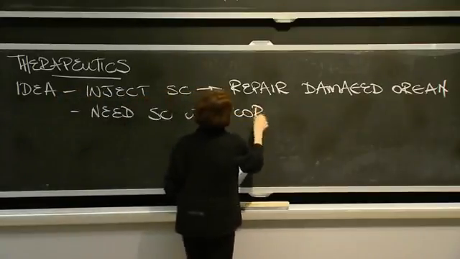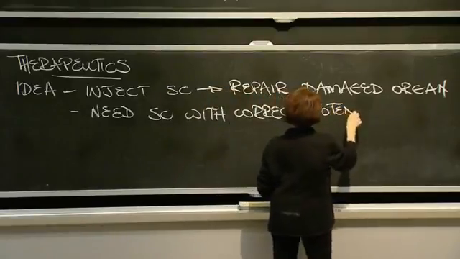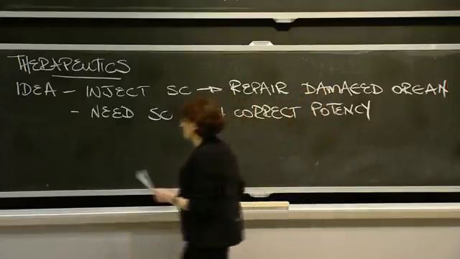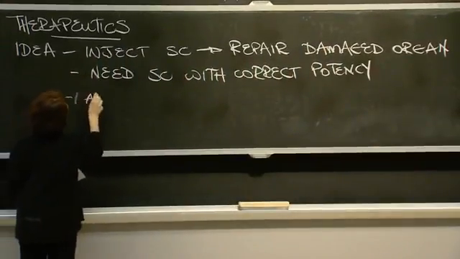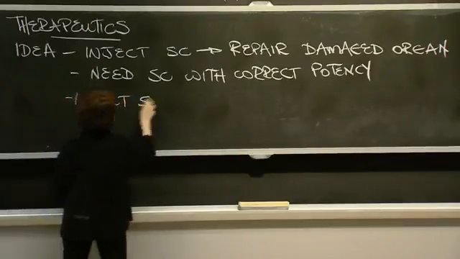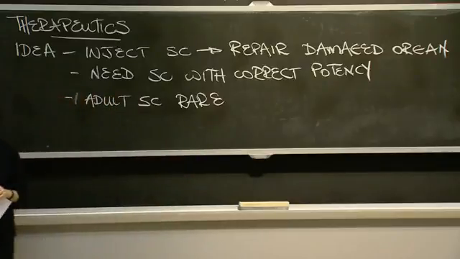Otherwise, you're not going to repair the specific organ. But adult stem cells are very rare. And so the quest has been to find some kind of substitute for adult stem cells.